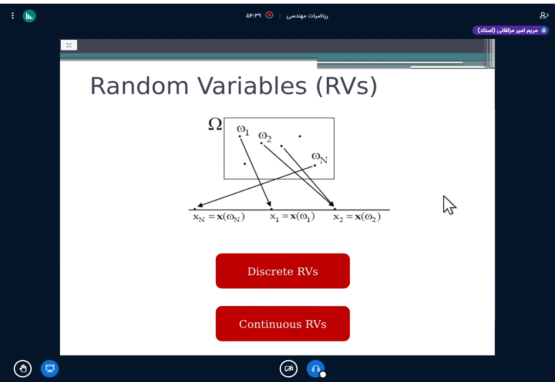What is a random variable? Previously, we spoke about random experiments, sample space, events, probability of events, characteristics of probability, Bayes theorem, total probability theorem, and so on. Now we want to talk about random variables.